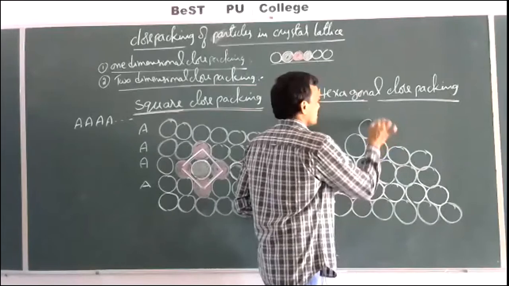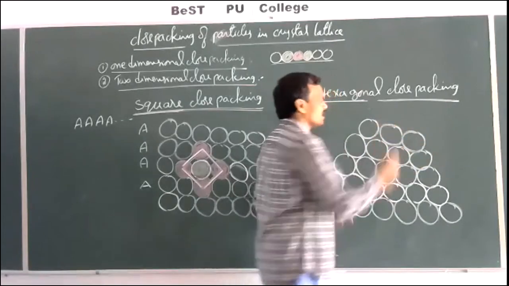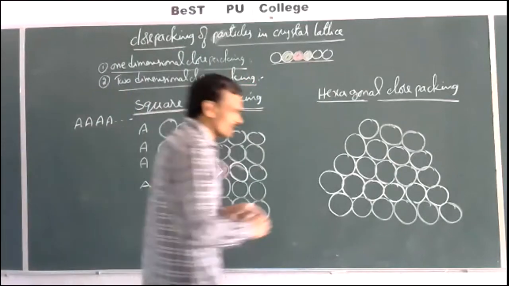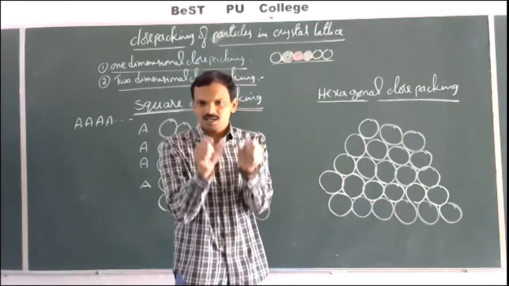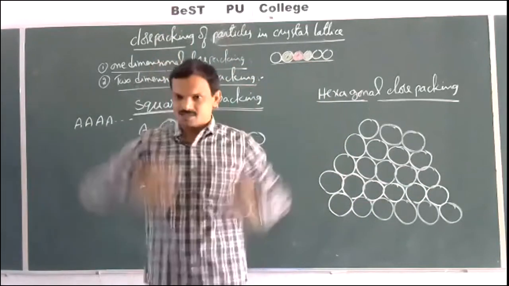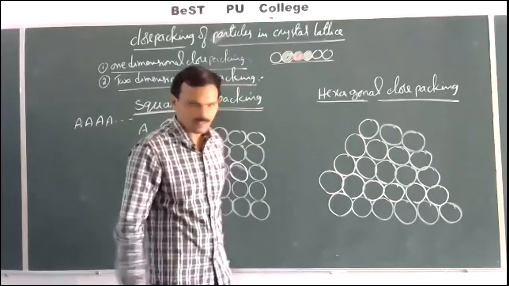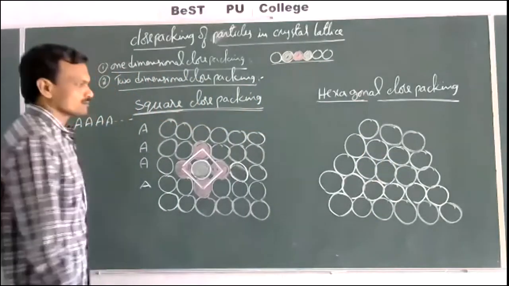So if you observe this very clearly, this arrangement just appears like the arrangement of fruits in a fruit stall. They place one layer, then in the depressions of the first layer they place the second layer of fruits. Like that, number of layers they place in the depressions. So this is the arrangement. Now, why is this called hexagonal close packing? Let us see.